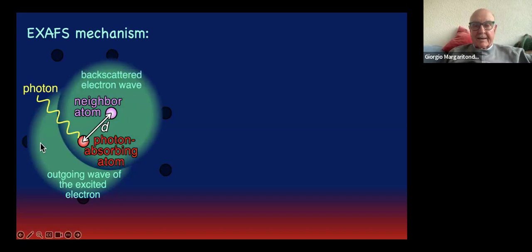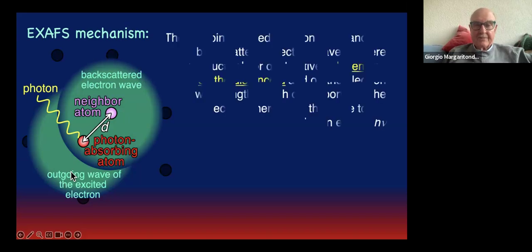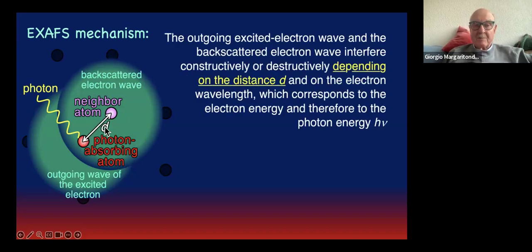So what is important in order to see how much absorption there is, is the interference between the outgoing wave and the backscattered wave, which could be positive or negative, depending on several parameters. For example, the energy of the electrons and therefore the energy of the photons, but also this distance, d.